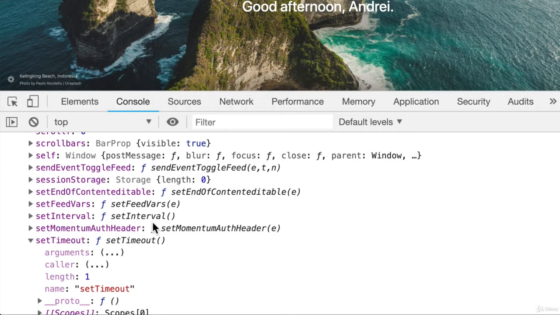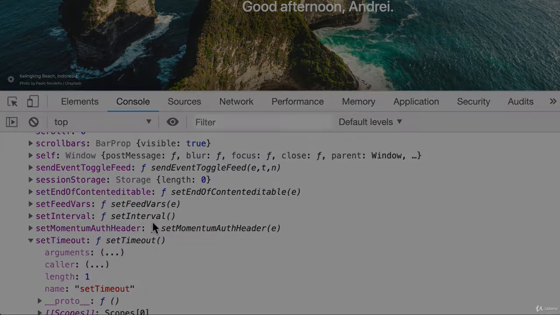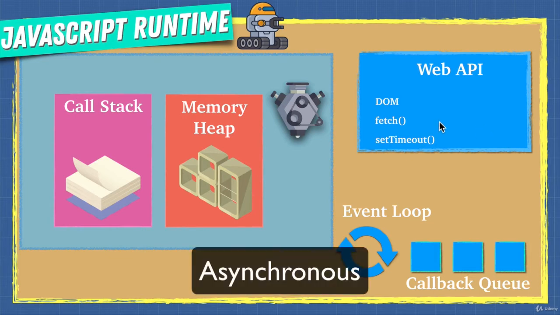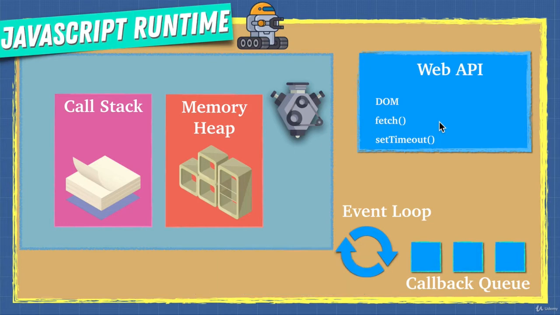And these APIs are called web APIs because, well, they're APIs provided by our web browser. And these web APIs are what we call asynchronous. That means you can instruct these APIs to do something in the background and return data once it's done. Meanwhile, we can just continue working on our JavaScript call stack and execute functions.